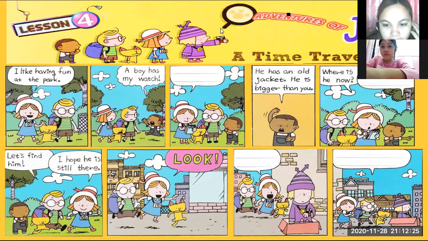Can you see it? No. Oh, why? Why can't you see it? Because it is too small.